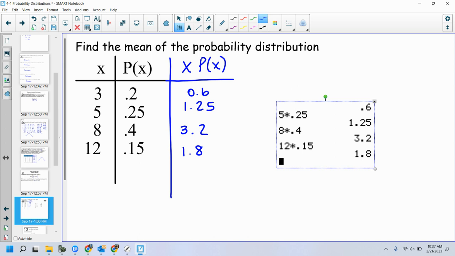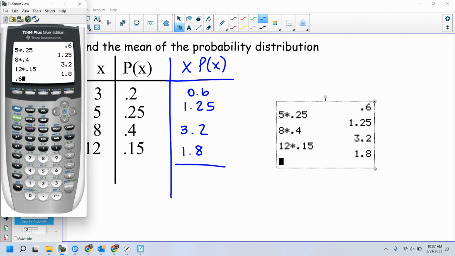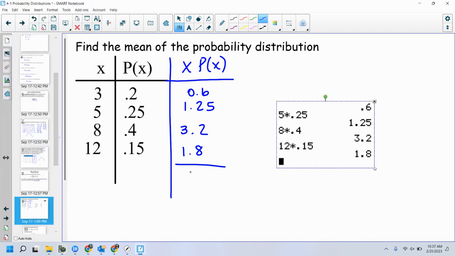Right? And then I find the sum. So I'm going to take 0.6 plus 1.25 plus 3.2 plus 1.8. 6.85.